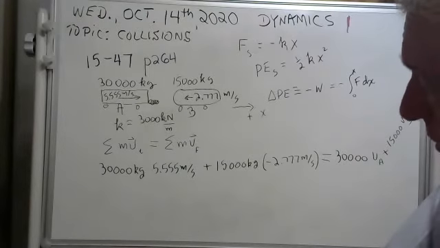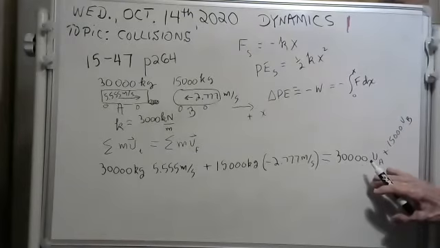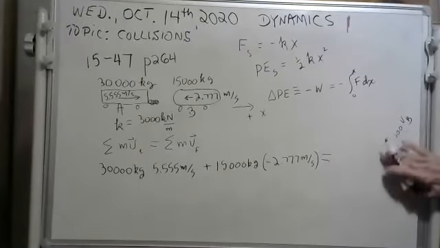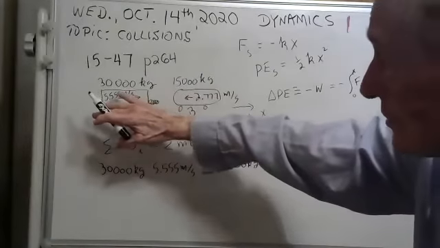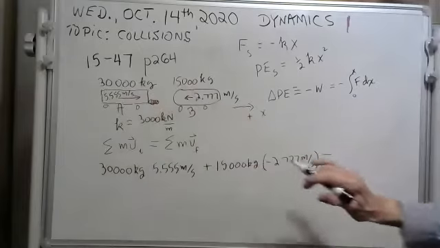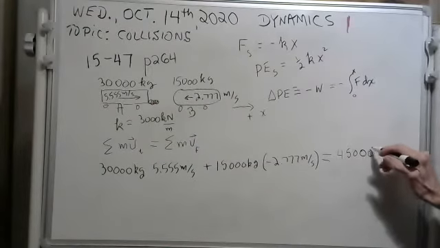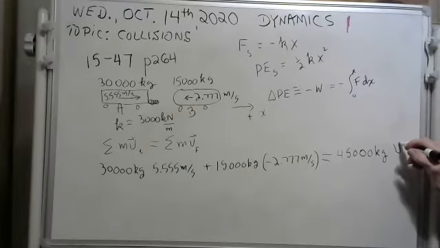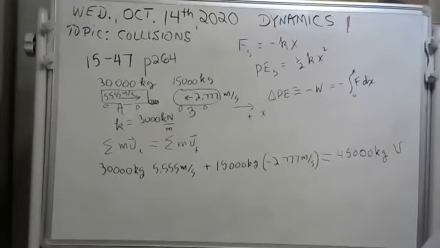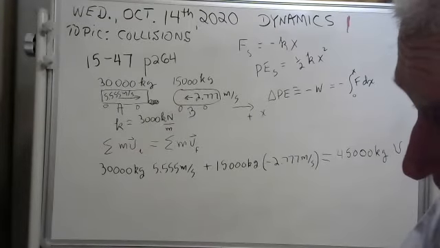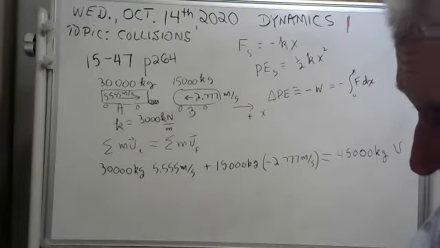I don't know if you remember me telling you that. So you don't need two different velocities here. You just need one. But if both bodies are going at that velocity, then the total mass would be 45,000 kilograms times, I don't know what to call it, just call it V there. That would be the velocity at the peak of the collision when the spring is compressed to its maximum.